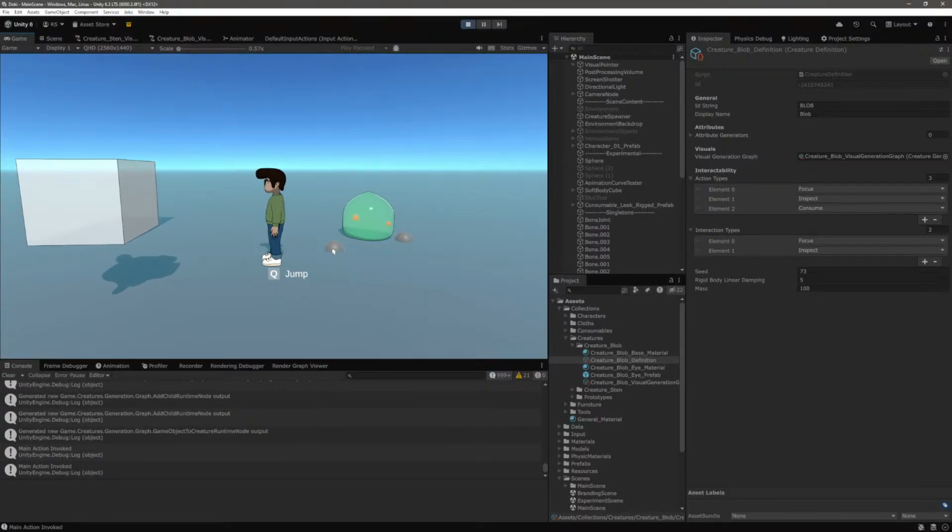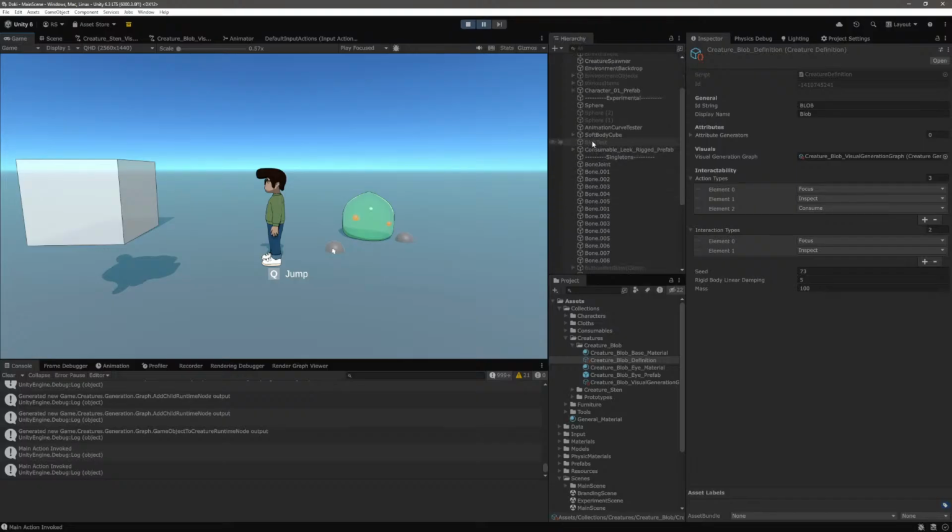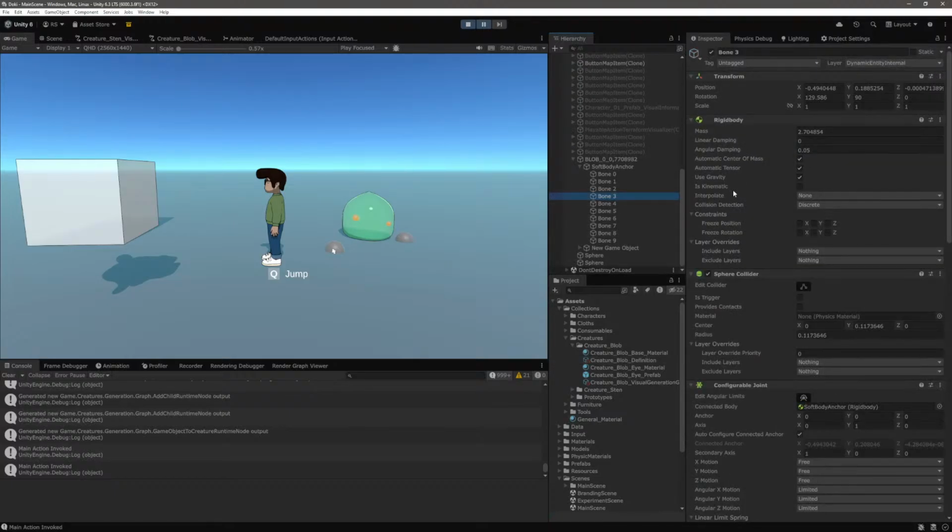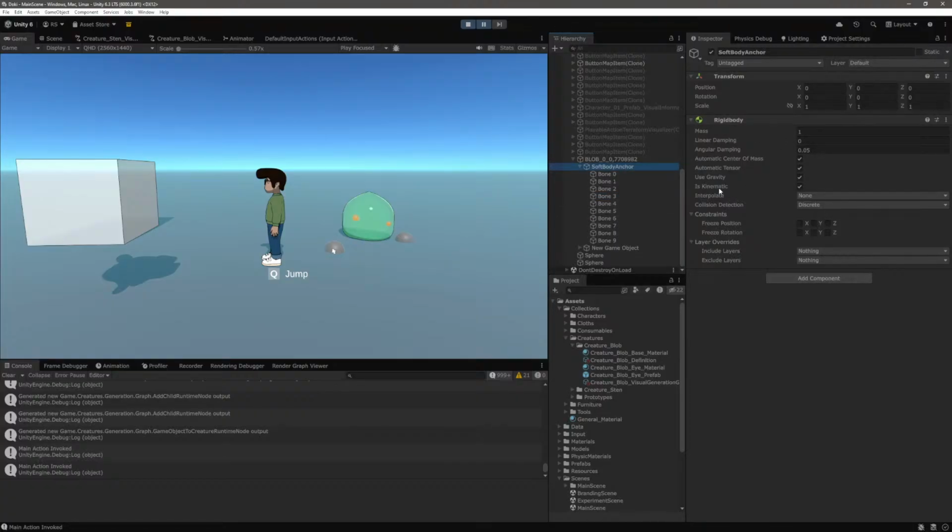I'm wondering if we're missing some of the weight. So when we implemented the movement, we made sure that our configurable joints, these shouldn't be taken into account since the parent is a kinematic rigid body.